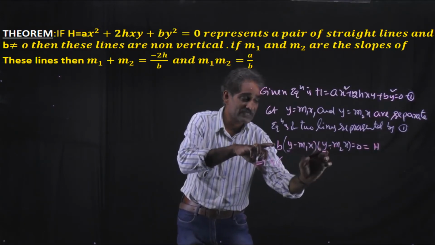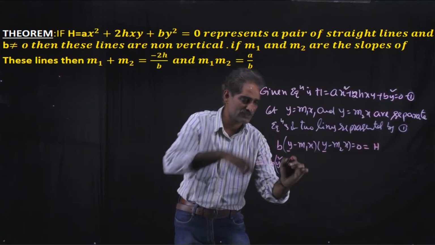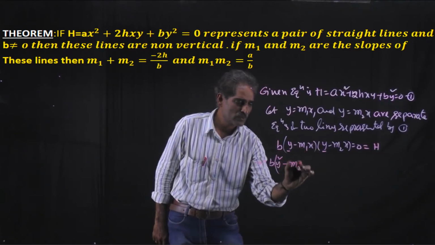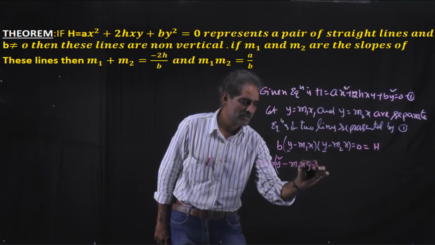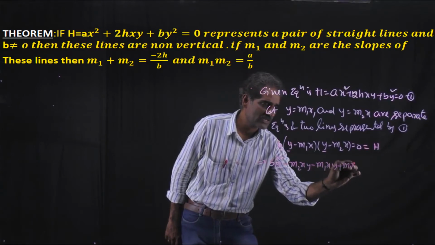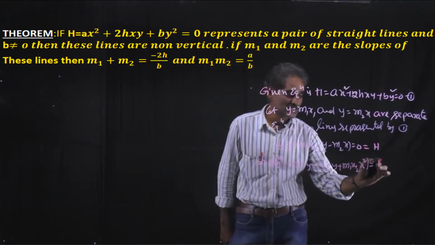Multiplying these two equations first, we get y square minus m2 into xy minus m1 into xy plus m1 m2 x square is equal to h.